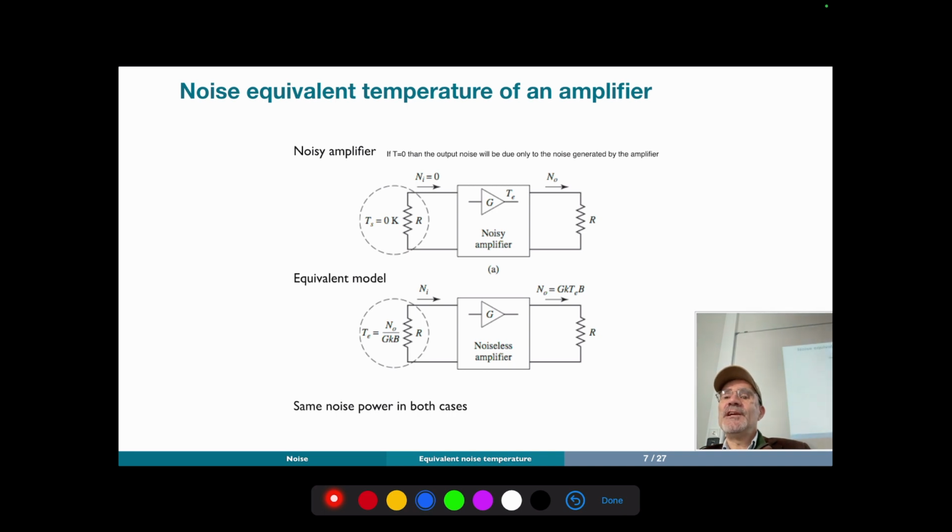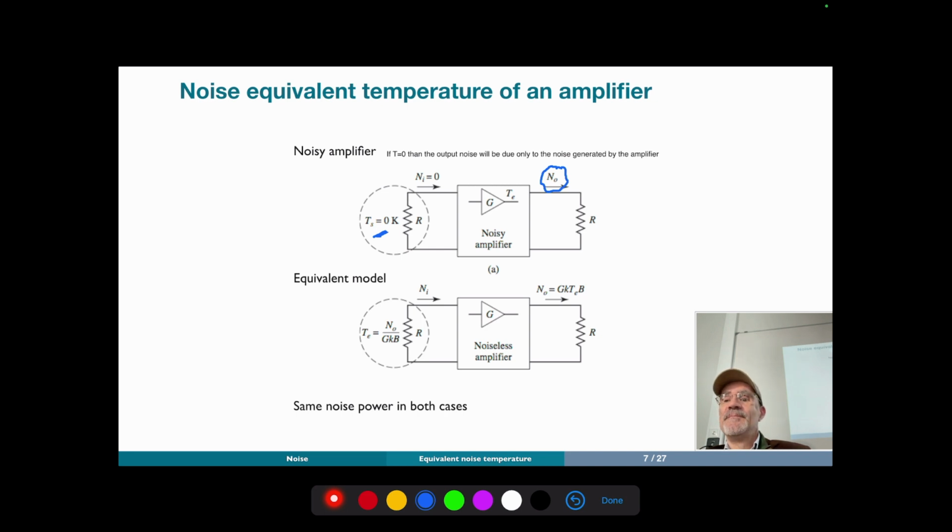If this amplifier is connected to a source or a resistance with a zero temperature, so if the absolute temperature is zero, then the noise generated by the resistance is zero, and the noise that appears at the output is only the noise generated by the amplifier, because the source has no noise.